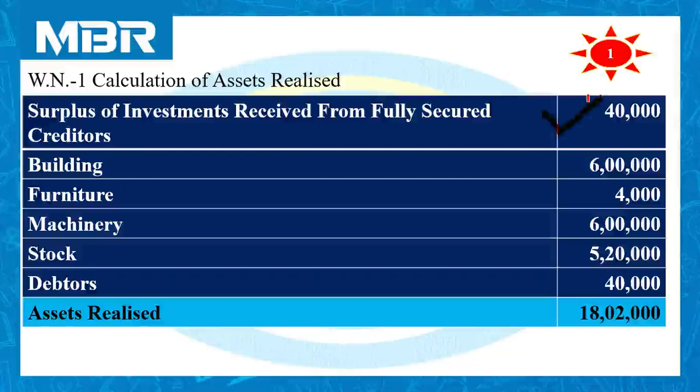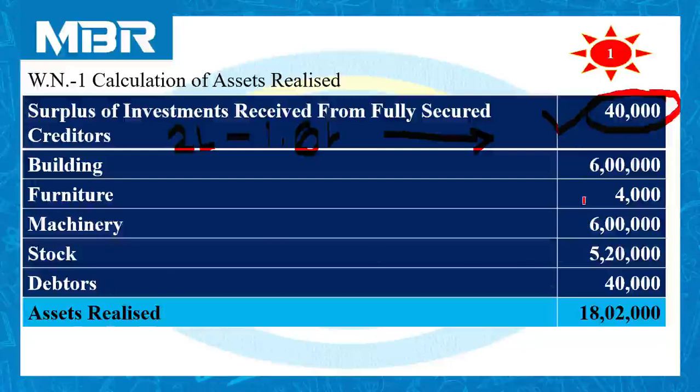So the first and foremost amount received by the liquidator from the bank after recovery of their loan for rupees 1,60,000 out of 2 lakhs. So out of 2 lakhs, 1,60,000 recovered by the bank and the remaining 40,000 rupees refunded or deposited with the liquidator of the company.